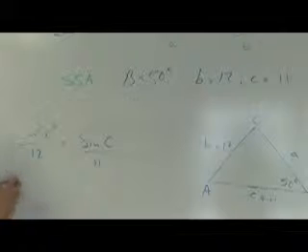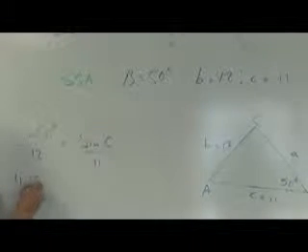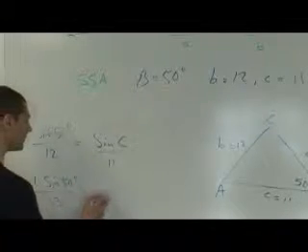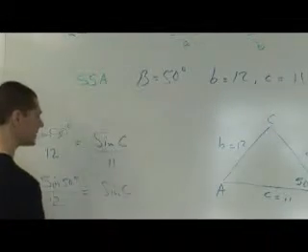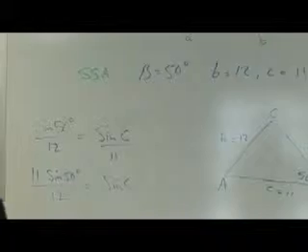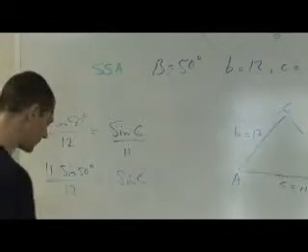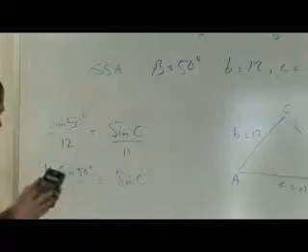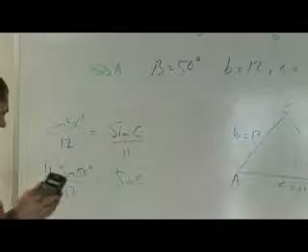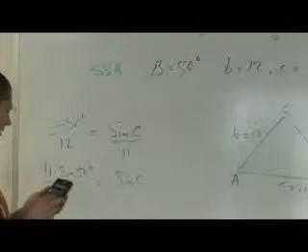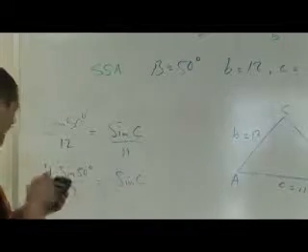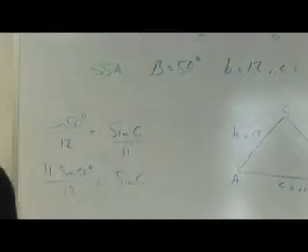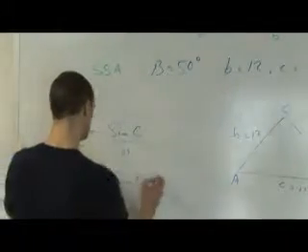Multiply both sides by 11, and I have 11 times sine of 50 degrees over 12 is equal to sine of C, whatever angle C is. Let's figure out what that is. So this is 11 times sine of 50 degrees divided by 12.